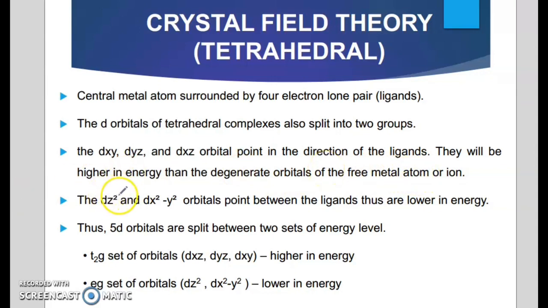So the dz squared and dx squared minus y squared orbitals point between the ligands and are lower in energy. Thus 5 d orbitals are split between 2 sets of energy level. t2g set of orbitals higher in energy and eg set of orbitals lower in energy.